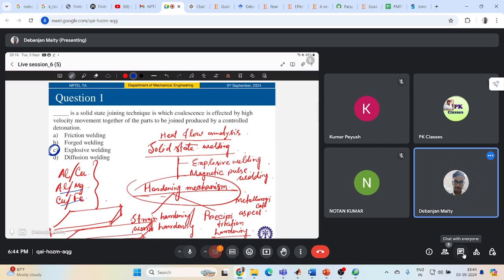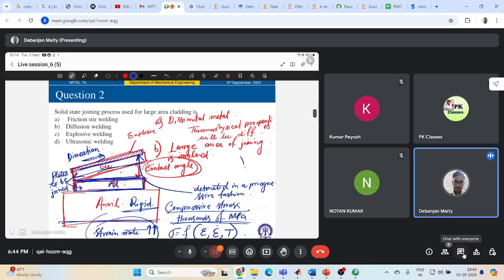No, right? There should not be any confusion. Next, which solid state joining process is used for large area cladding? This is also explosive. At the very first moment I talked about this, this is beneficial for large area cladding.